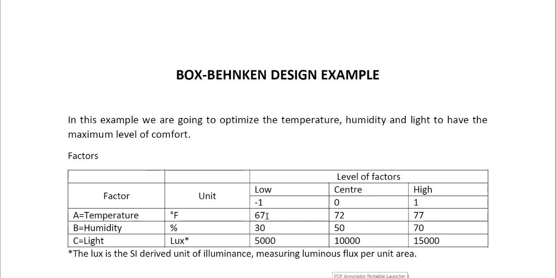You can see here we have low, high, and the center for those factors, which can be selected according to the low and high limits for that factor, and can be displayed by coded values: the lowest value we can show by -1, center as 0, and the high value for that factor by +1.